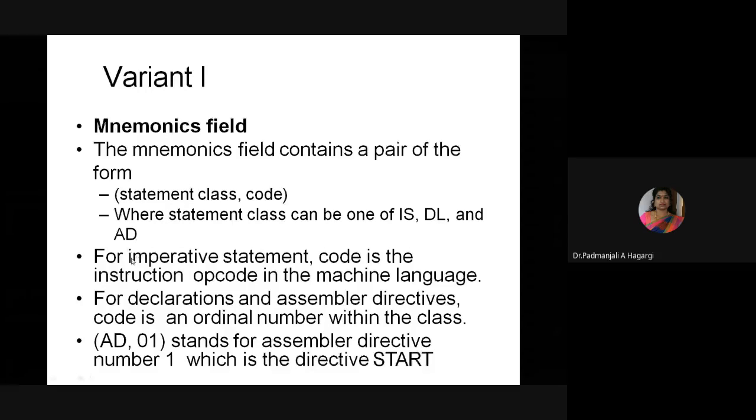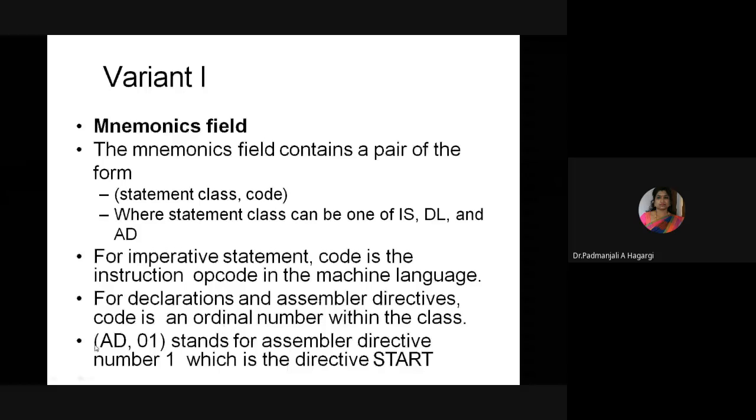So it can be any of the three types of assembly statements. For the imperative statement, the code is the instruction opcode in the machine language, and for the declaration and assembler directive, the code is an ordinal number within the class.